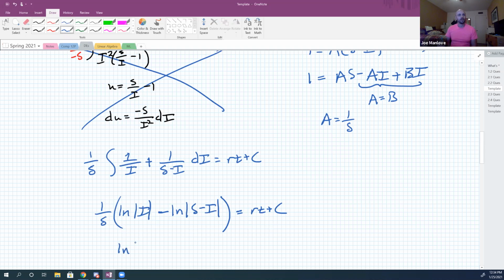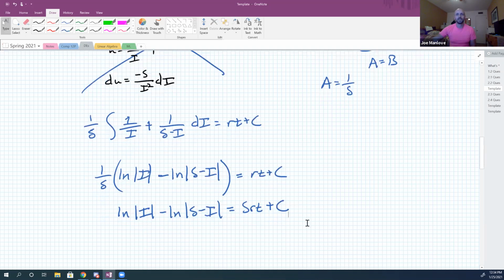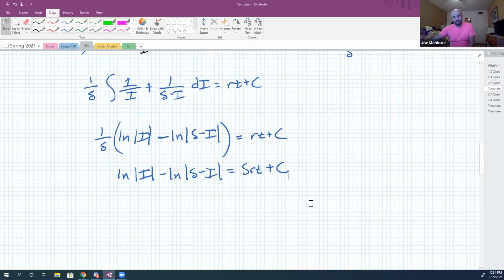So I'm going to get log of the absolute value of I minus the log of the absolute value of S minus I is SRT plus C. S times C is still C here because S is still a number. Everybody on board with that?